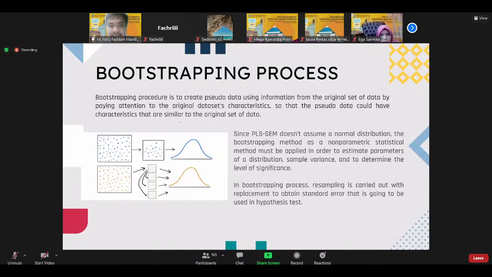In this case, the bootstrap process can be used to resample the sample size in PLS-SEM when you use SmartPLS software.